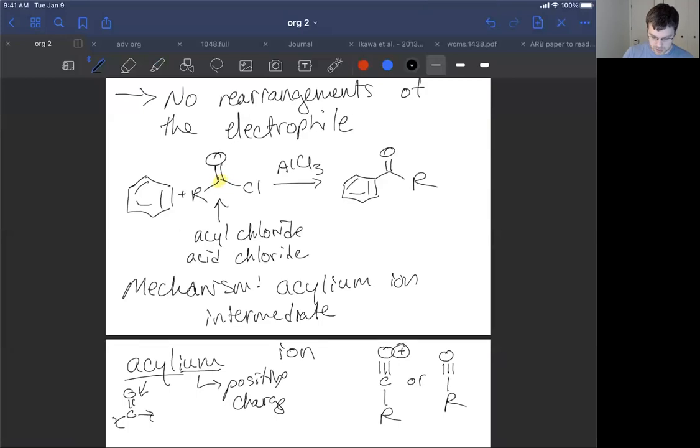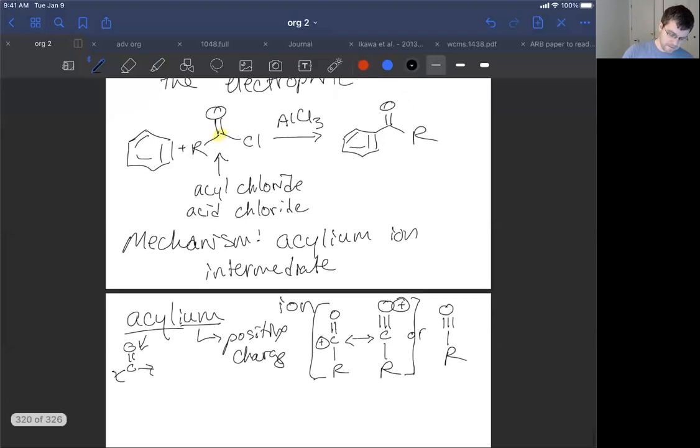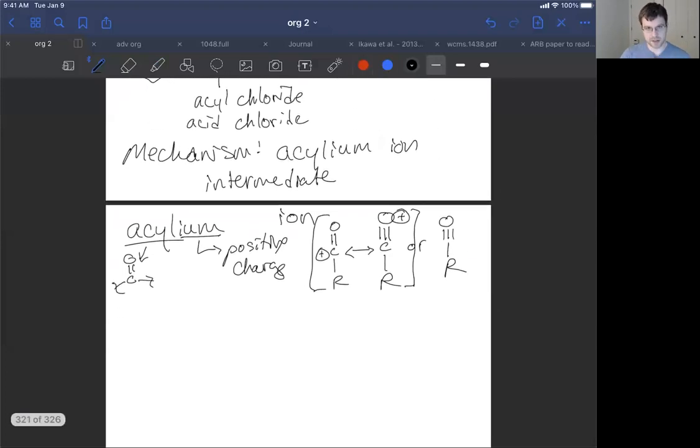Or you could draw this as a resonance structure where the oxygen is double bonded to the C and the C is positively charged. Both of those are fine, but we have to remember the C is linearized because we cannot move nuclei. So the C is sp hybridized, or linear, in both of those resonance depictions. Okay, so that's our acylium ion.